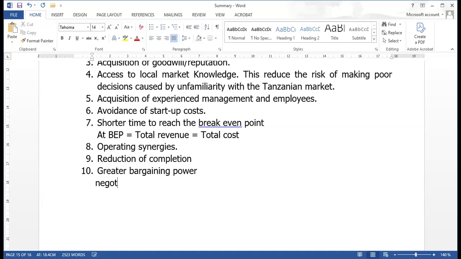Here you have a better bargaining power in terms of negotiation of the goods to be purchased, and in terms of the credit terms. We are looking at it in terms of purchase, and in terms of gaining credit.